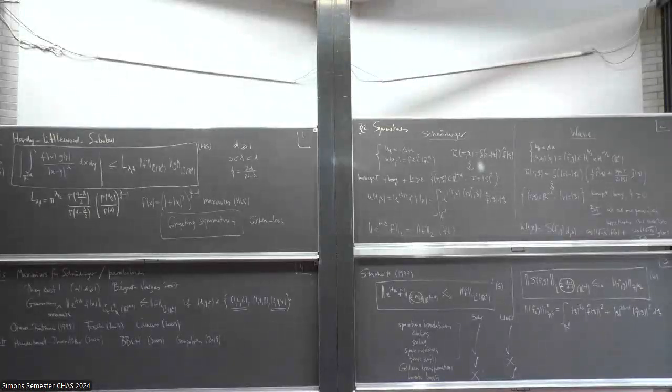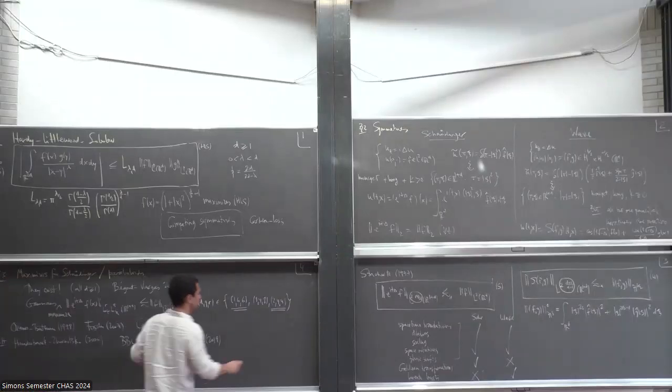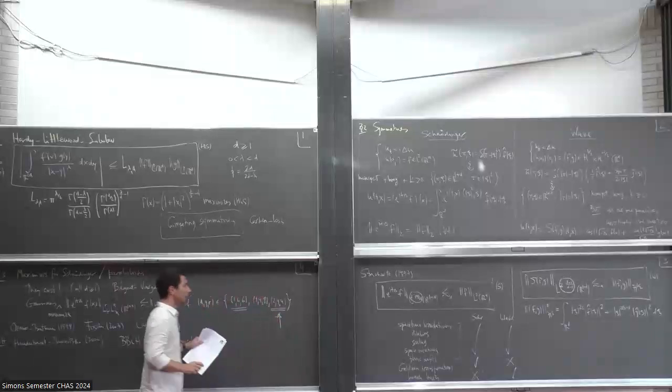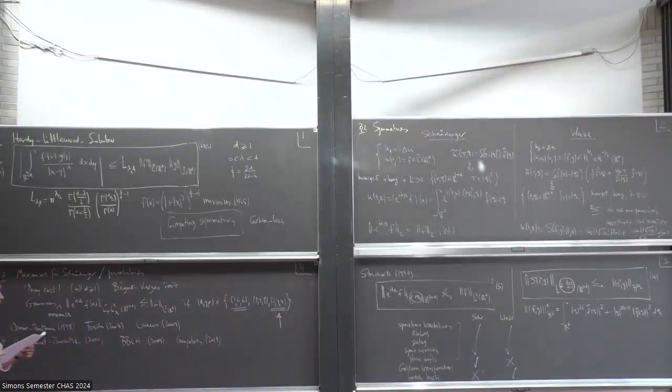So I would like to draw a parallel to what we did yesterday. We spent some time with an L2 to L4 inequality. Let's spend some time with an L2 to L4 inequality now on the parabola. Okay, so let's do that for the case study. I'm thinking how to organize the results.